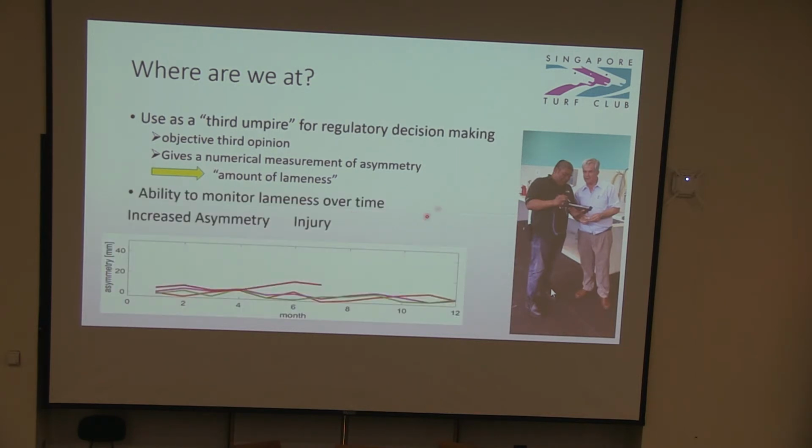This is an area that we're starting to look at. I think Dr. Keegan spoke more on this, but we did a 12-month study here in Singapore where we followed a number of horses, measured their asymmetry every month, and it's very low numbers of horses, but we had one horse whose asymmetry increased slowly over time, and then it injured.